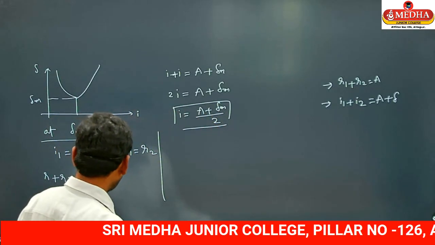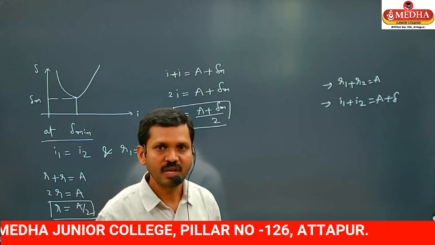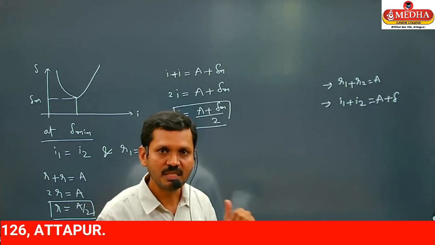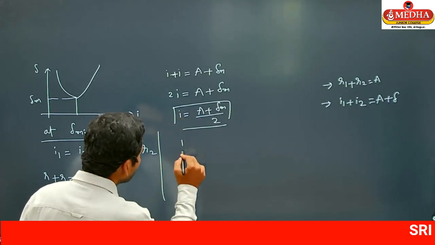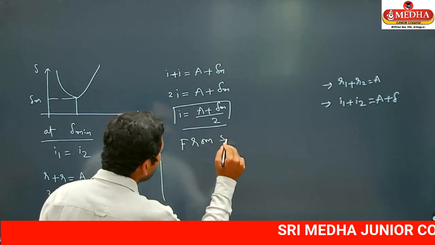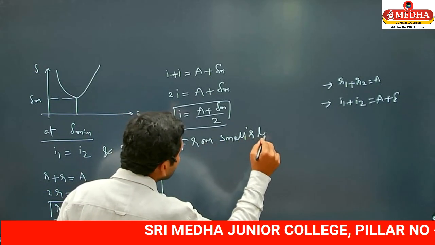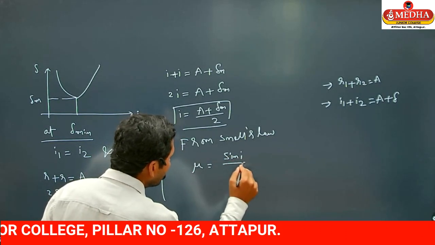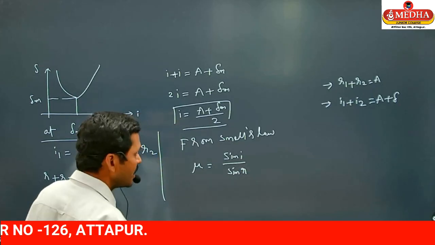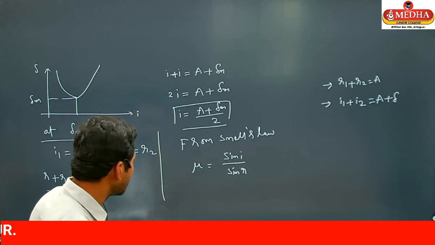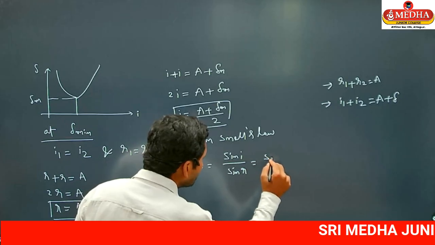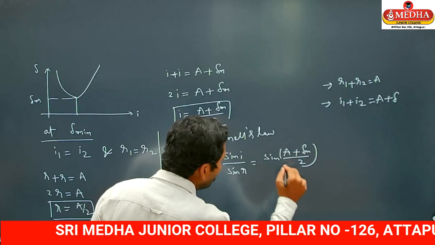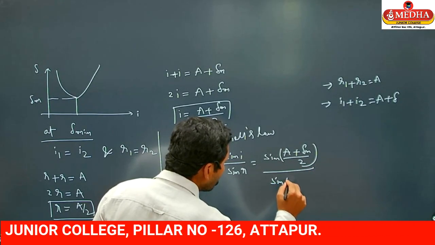Finally, from Snell's law of refraction, the refractive index of a prism mu is equal to sin I by sin R. Substituting the I value and R value in this equation, mu is equal to sin of (A plus delta M) divided by 2, divided by sin of A by 2.